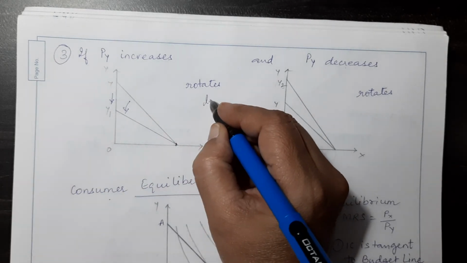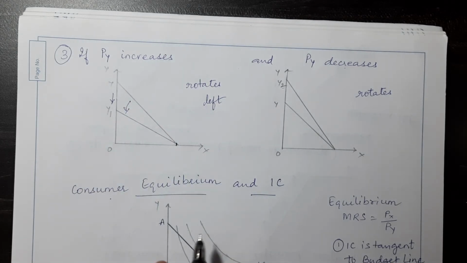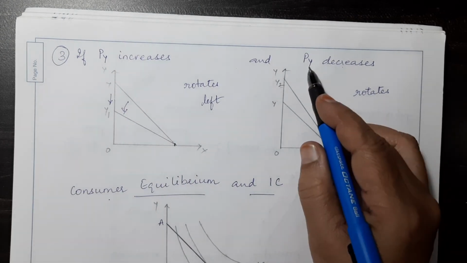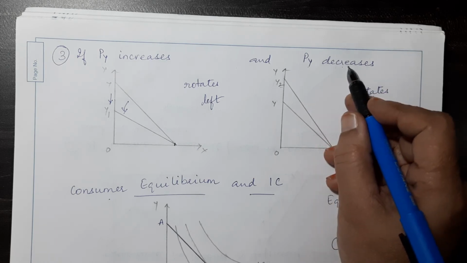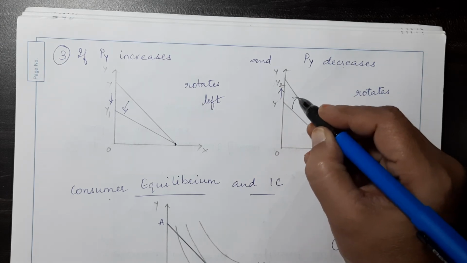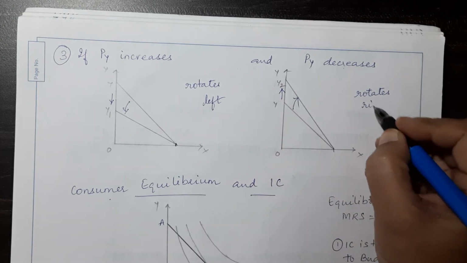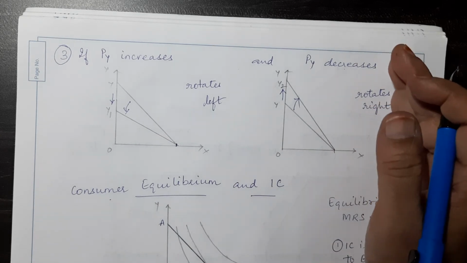So it rotates left when the price of good y increases. And here, when the price of good y decreases, then we are able to buy more of good y. So it will move up and out. So it rotates to the right, rightward or outward. All right.